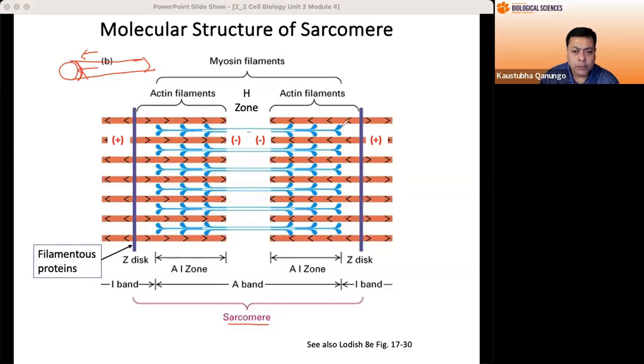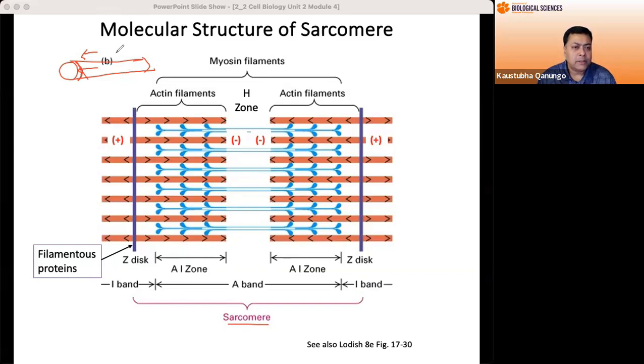Now, in the middle portion of the cell, you have what we call a thick filament, and the thick filament is made up of multiple myosin 2. Each of these dual heads that you are seeing is a single myosin 2 molecule, another myosin 2, another myosin 2.